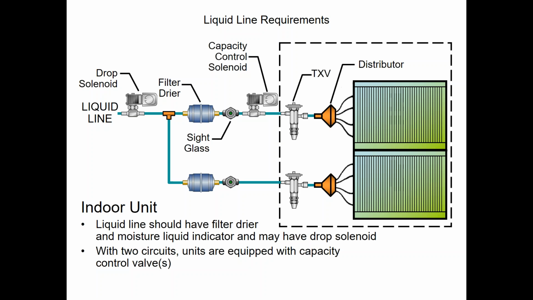So when circuit 2 was satisfied and then circuit A satisfied, the drop solenoid would close, and we essentially would pump out all the refrigerant in the coil in this area here, and some of the suction line down to what used to be 27 psi gauge. We'd do a single pump out. That way all the refrigerant was stored ahead of the liquid line solenoid valve here all the way back to the condenser coil.